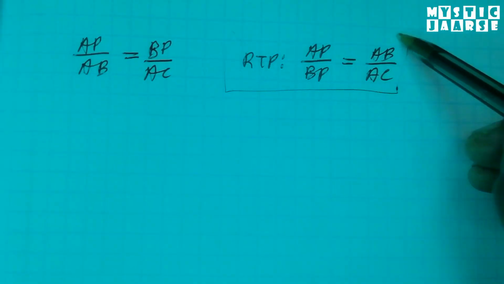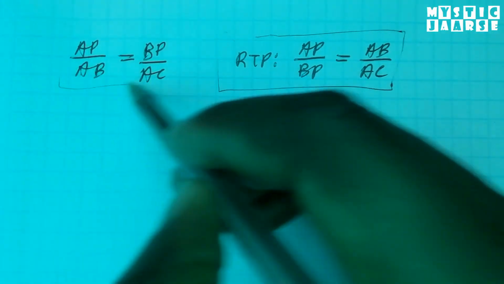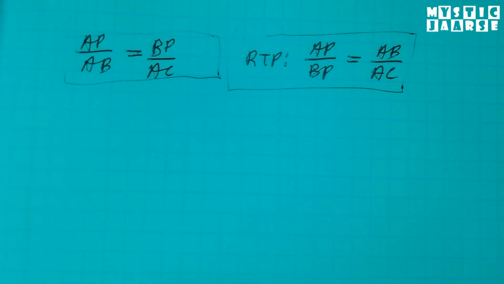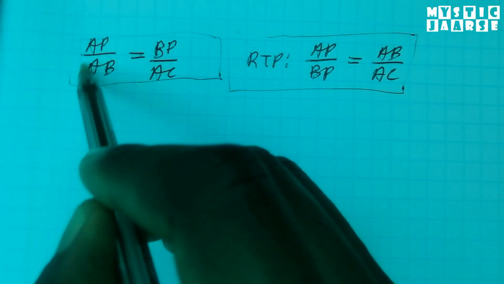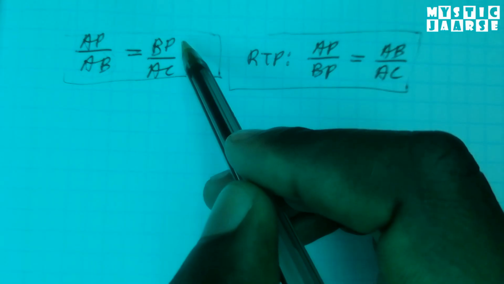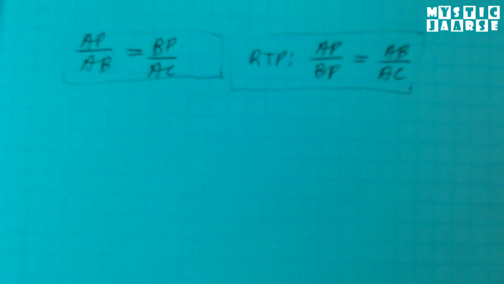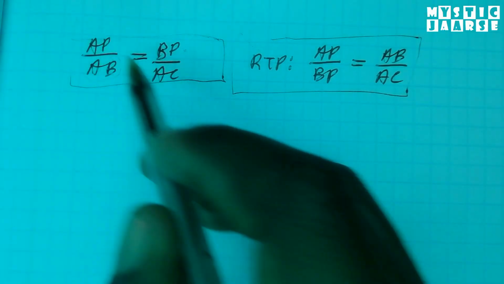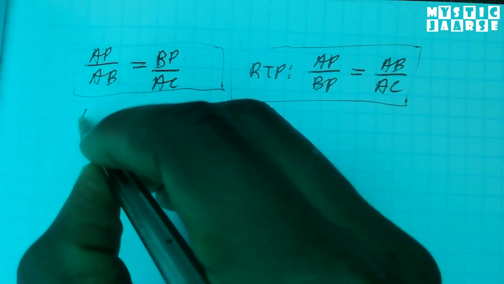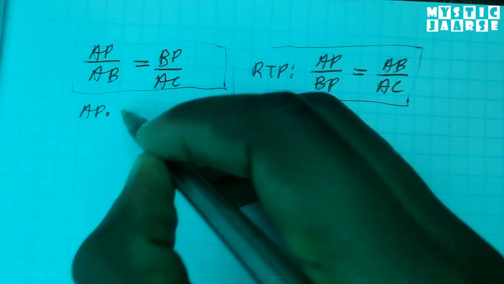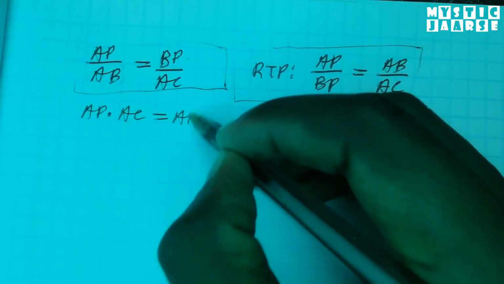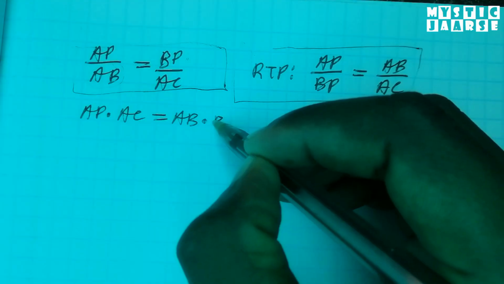This is what we are required to prove, and this is what we have obtained from our similarity statement. So we need to make AB the numerator on this side. So in order for us to do that, we need to rearrange the sides. So we need to cross multiply. We have AP multiplied by AC is equal to AB multiplied by BP.